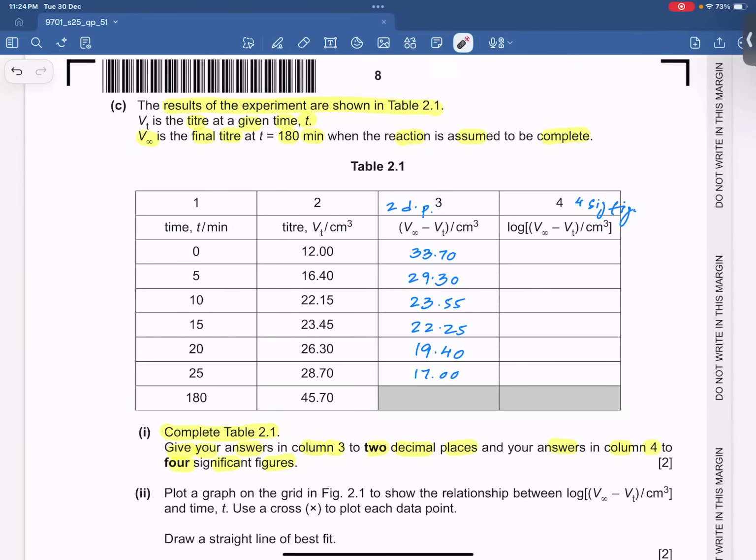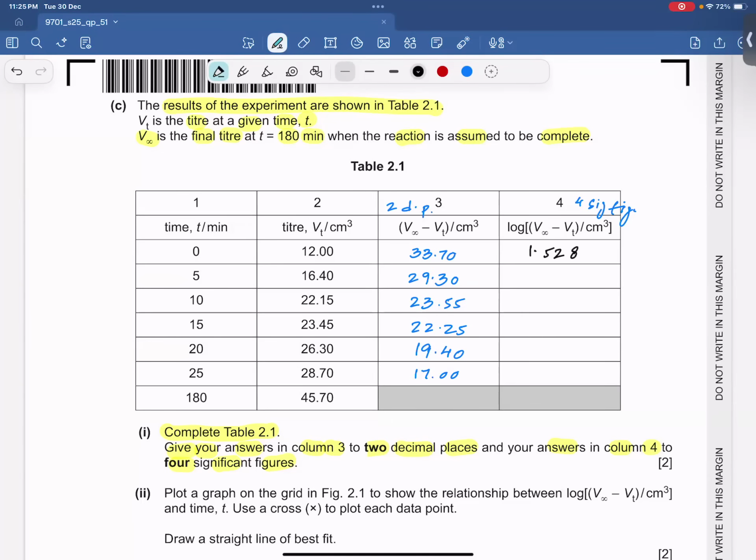Now apply log on these values, you will get the value in this column. And examiner is looking for the fourth sig fig. So it's basically, hold on, log 33.70, 1.5276. So it has to be 1.52876, राउंड ऑफ होकर 1.528, 4 sig fig हो गया.